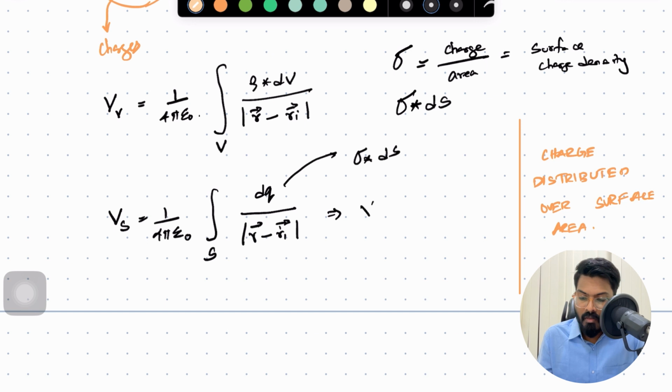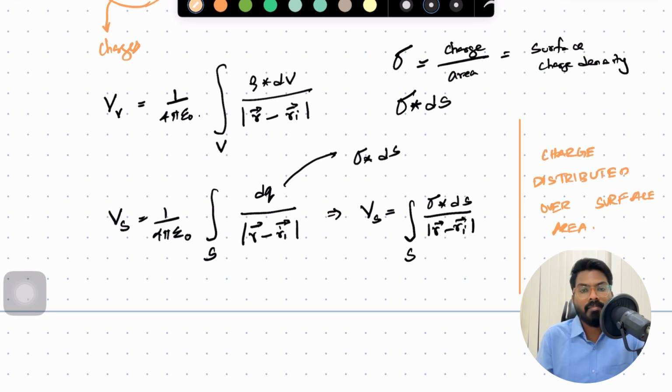This means our Vs equals the integral over the surface S of sigma into dS divided by r vector minus ri vector.